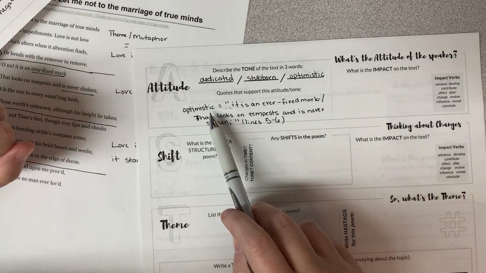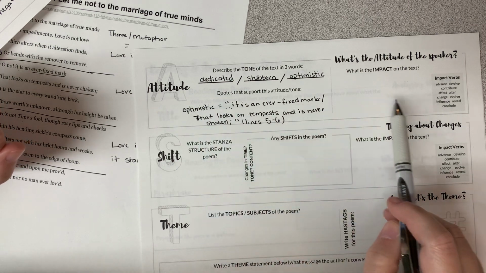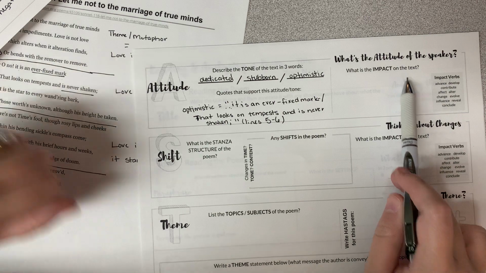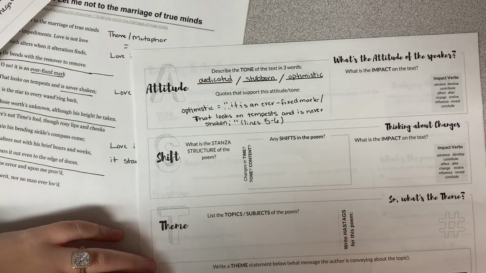Okay, so then impact of the text when we're talking about tone. So this tone, I focused on optimism. How does that impact the text or impact the reader? I'm going to focus on how it impacts me.